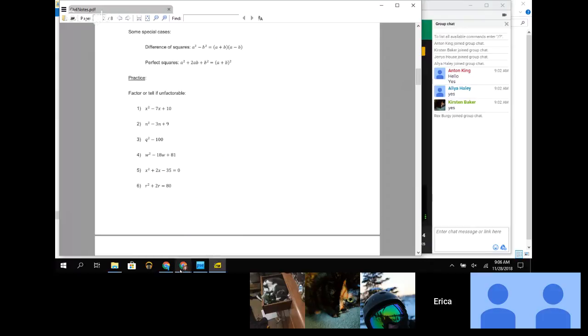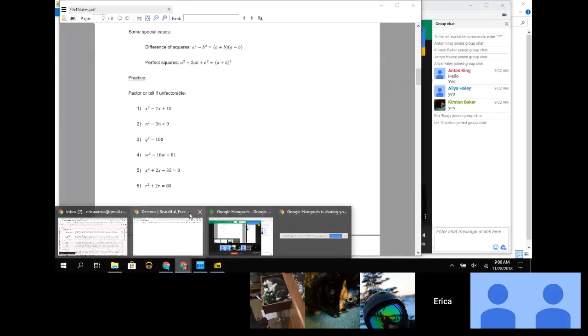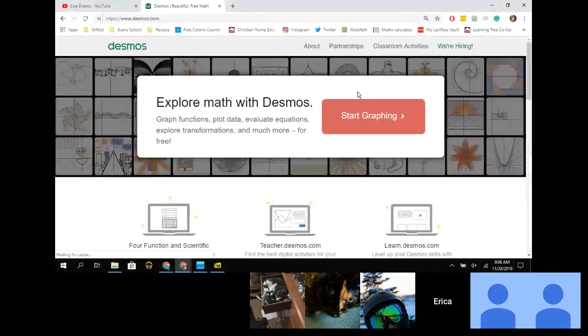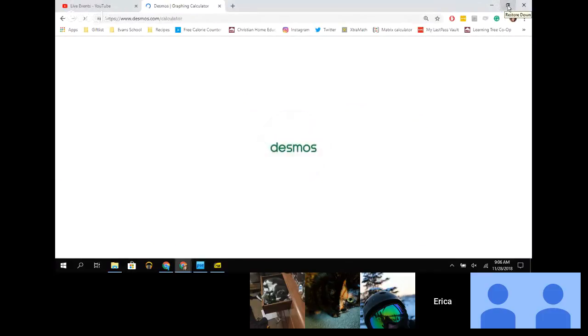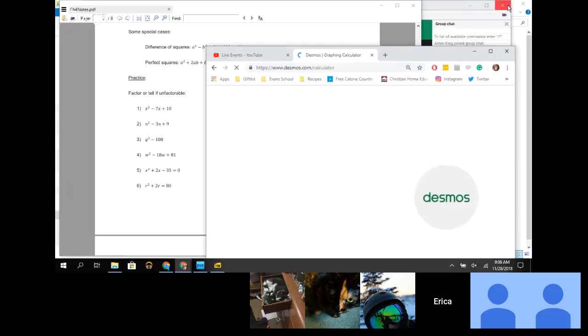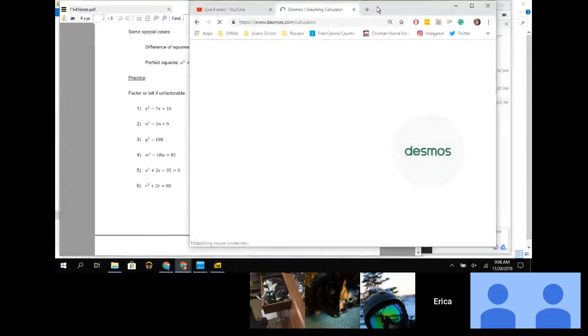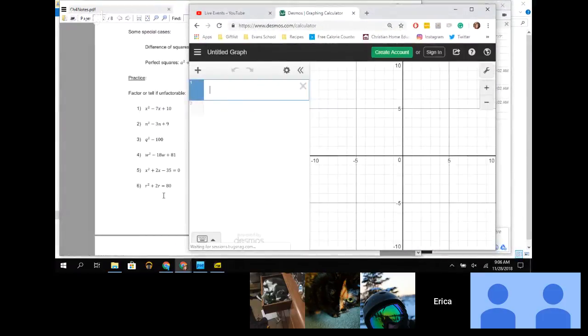So I just want to remind you that one possible way to solve these kinds of equations is by graphing. So if you have Desmos or your TI, this is what you're going to do. So our equation was r squared plus 2r equals 80. Neither calculator really responds well to r. You have to always change your variables to x.